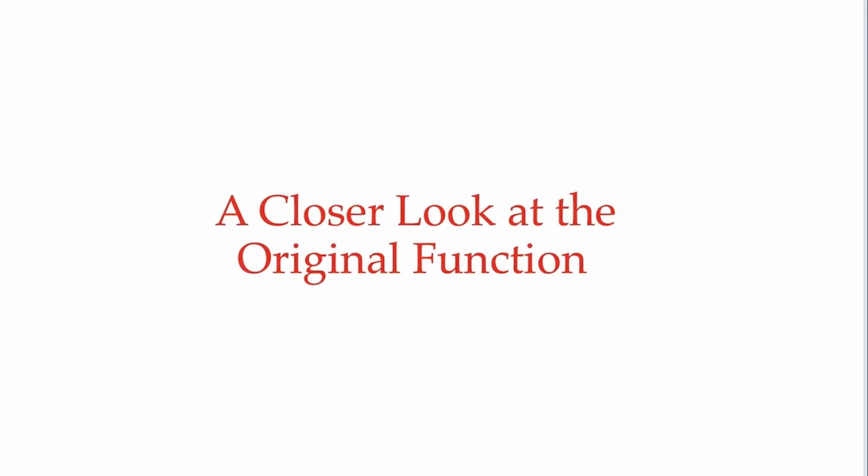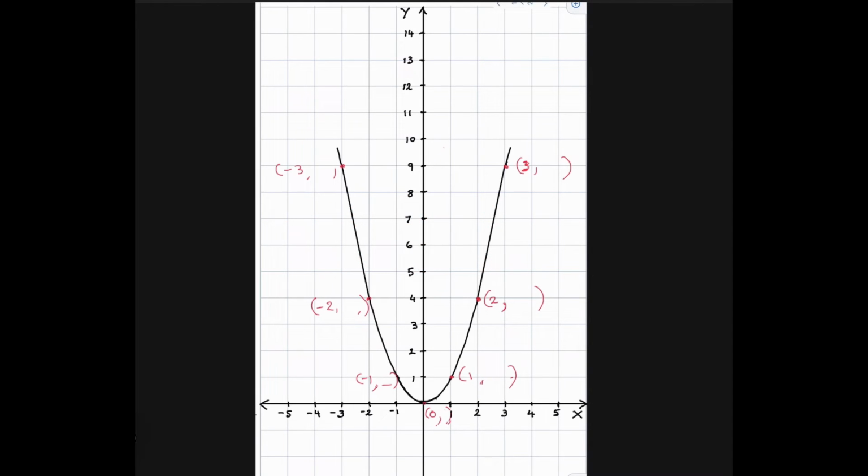Before we see why this happens, let's take a closer look at our original function. A function describes the relationship between x and y values of points on a curve. Our original function, y equals x squared, tells us that the y value of every point on the curve is the square of the corresponding x value.